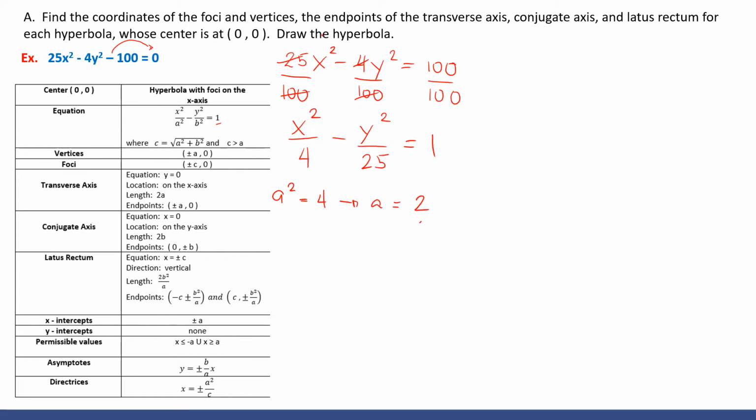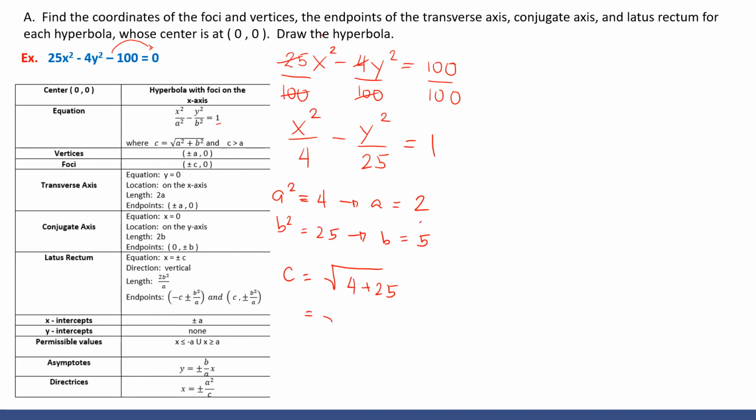Square root of 4, 2. Okay? While b squared is 25, meaning the value of b is 5. Square root of 25 is 5. At syempre pa, to solve c, it is equivalent to the square root of a squared, 4, plus b squared, 25.